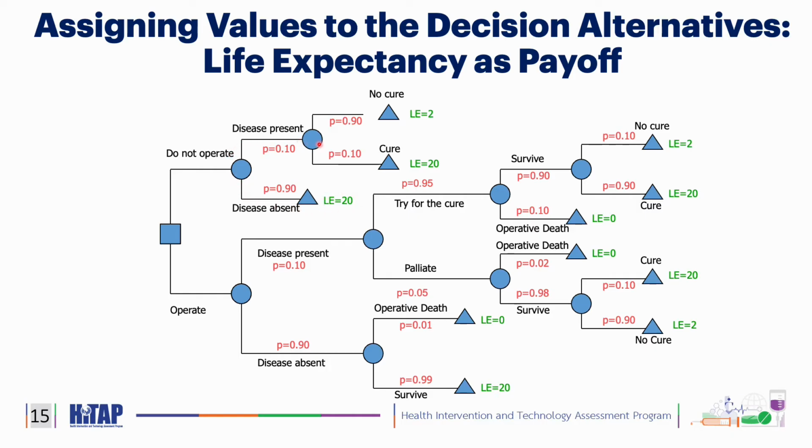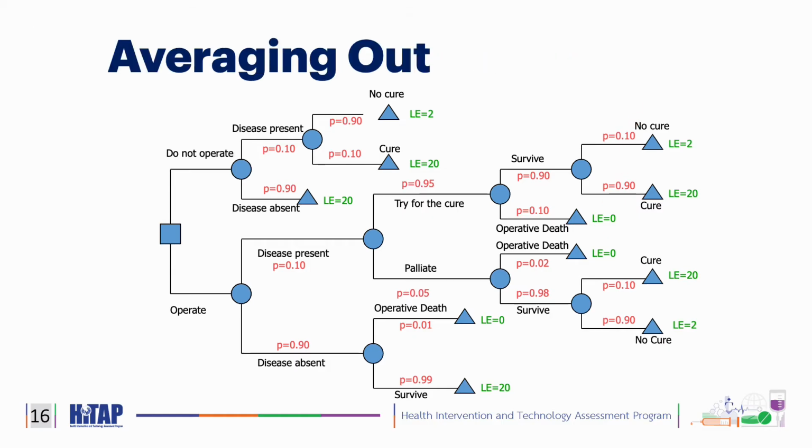Compared to if the disease is present and the patient is not cured, their life expectancy would be around 2 years. Compared to a patient in the cure stage, their life expectancy could be around 20 years. So we will apply these values to all of the steps here before moving to the next step.